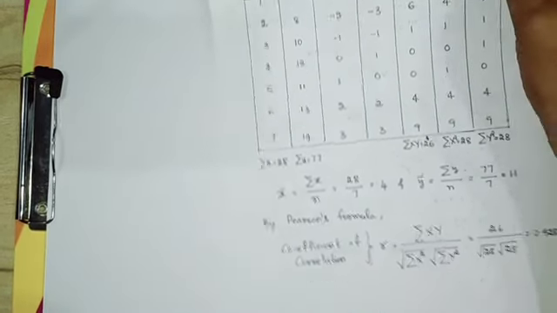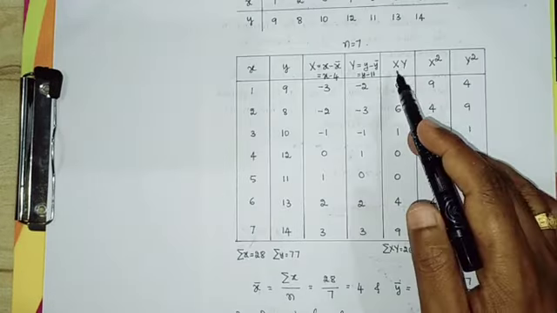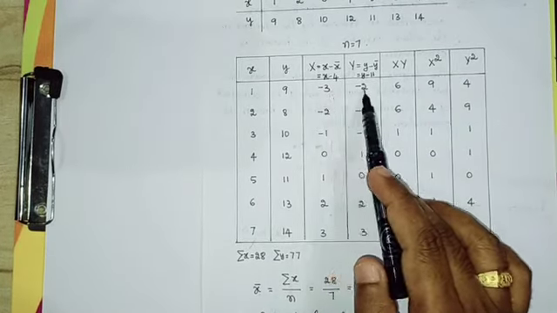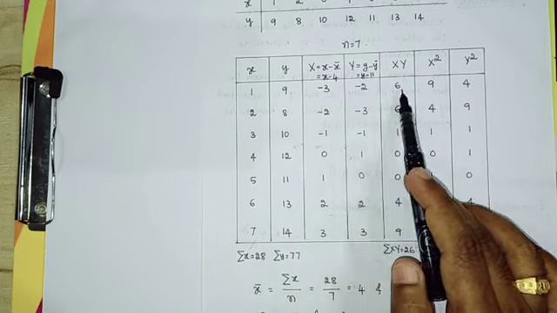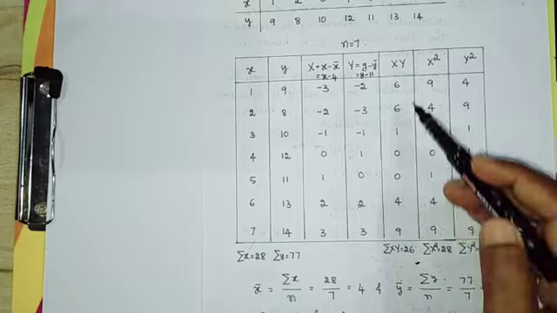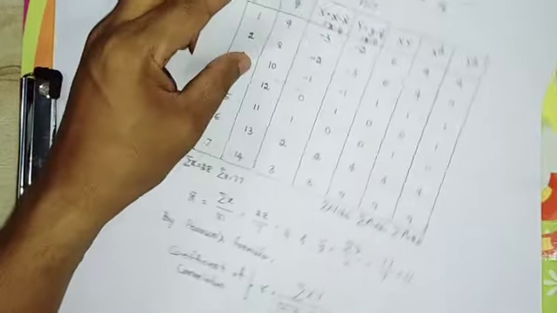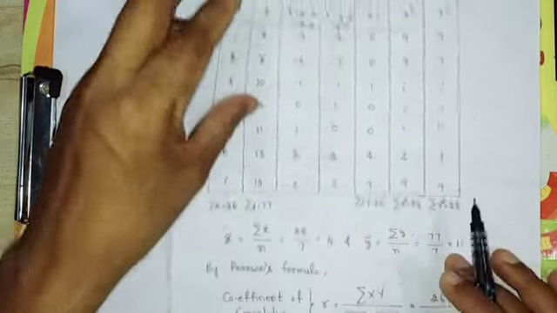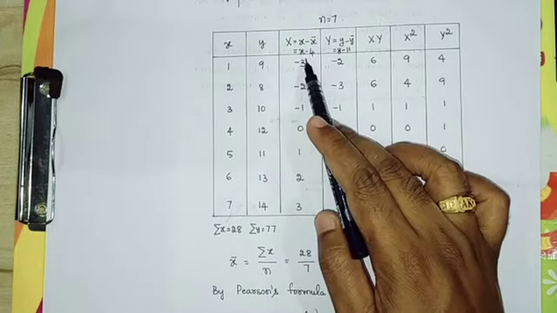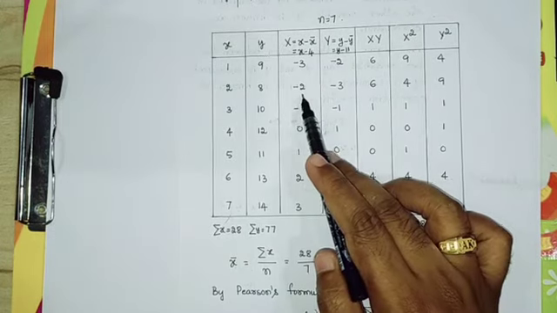And look at this formula. In this formula we need to have capital X into capital Y. That's why we need to calculate X into Y. So we have these two values, minus 3 into minus 2 is 6, minus 2 into minus 3, which is also 6. Like that we need to calculate X into Y values. And look at this formula, we need to have capital X square and capital Y square. So let us calculate. We have capital X minus 3. So minus 3 whole square is 9, minus 2 whole square is 4.